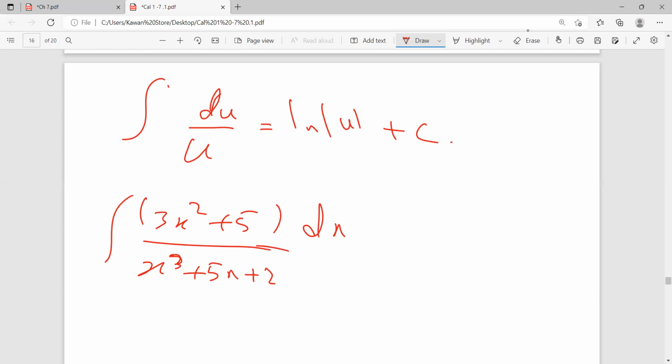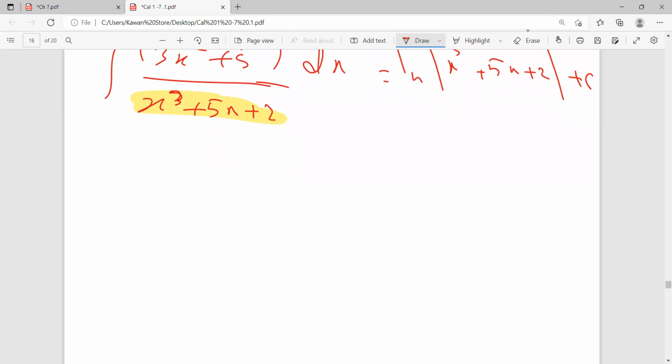When you see a fraction, you have two ideas. First of all, think about ln. Ask yourself, does the derivative of the denominator exist in the numerator or not? It exists. So directly you can write ln of the denominator plus c, ln of x cubed plus 5x plus 2. Easy, right? But do not mix it with the others. Later I'll give you these two types. Now we have the second type.